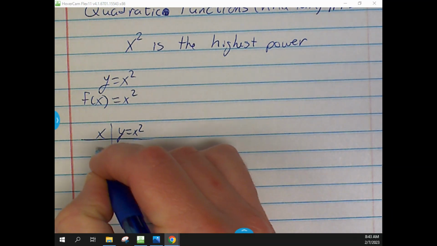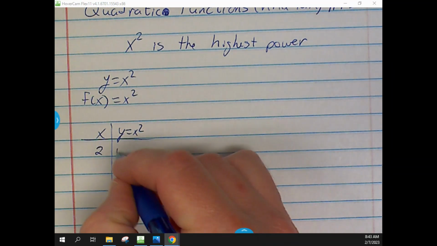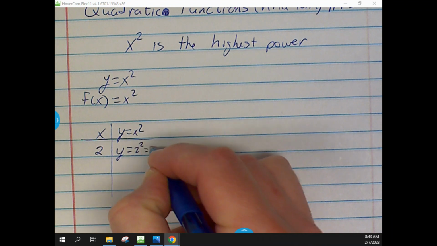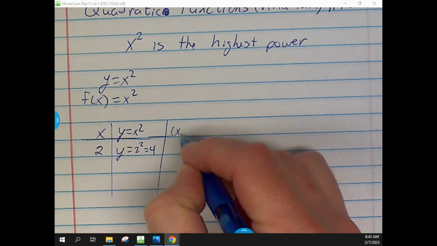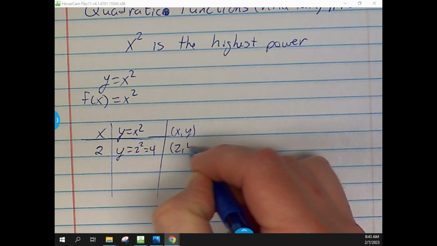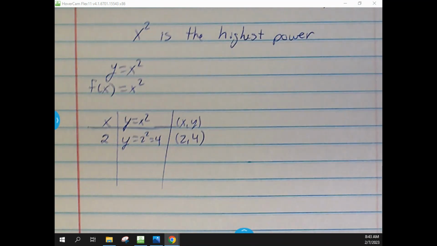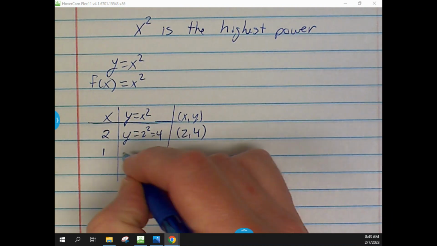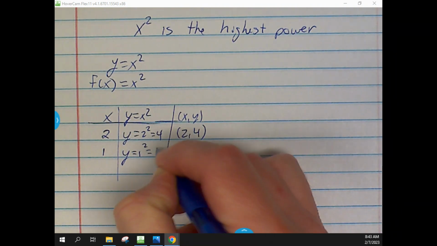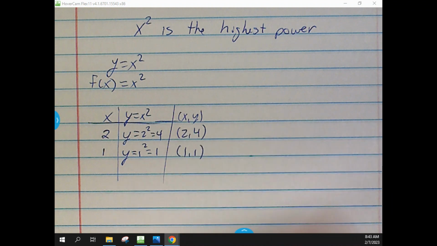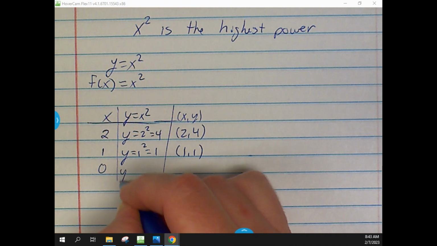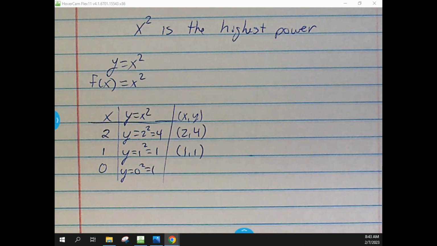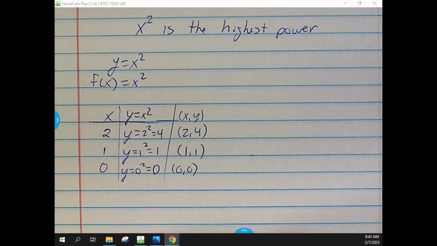If x equals 2, y would equal 2 squared, so y would equal 4. If your x was 1, that's 1 squared, which is still just 1, so that would be at 1, 1. You do 0, 0 squared equals 0, so it puts us at 0, 0.